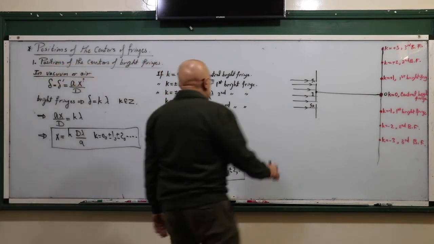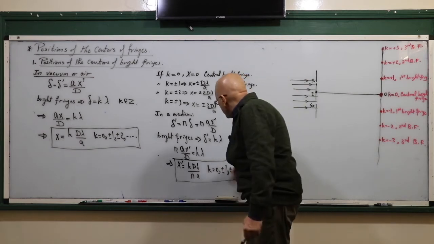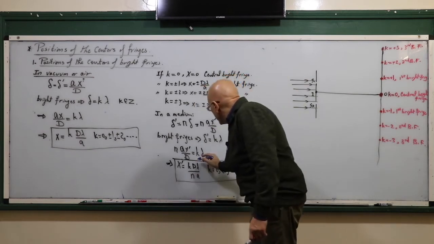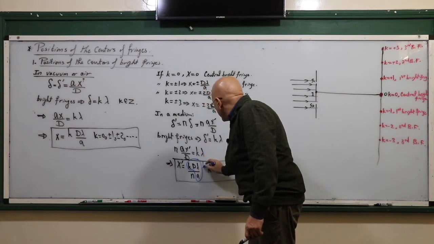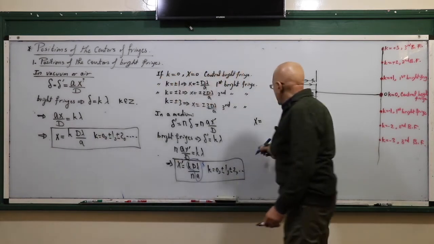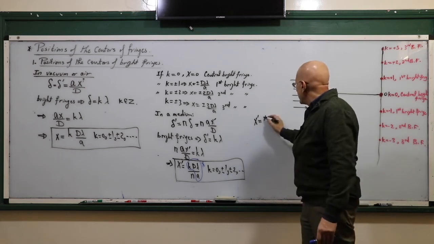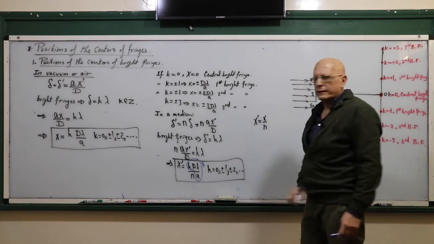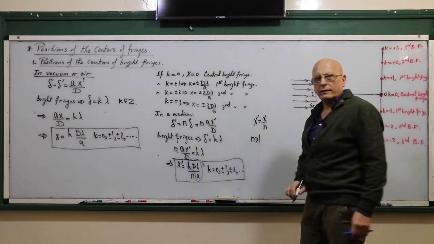You notice that x, this is what? This is x, okay? So compare, you will notice that x prime is equal to x over n. But n is greater than 1.